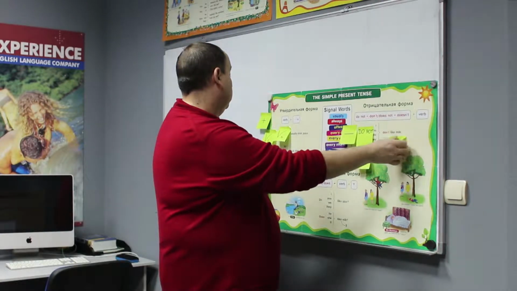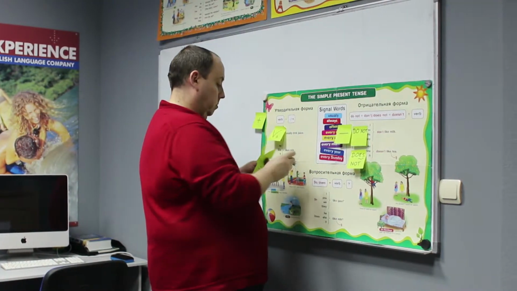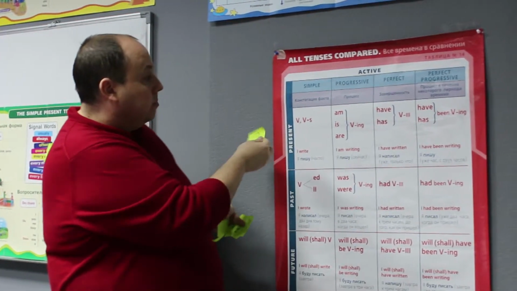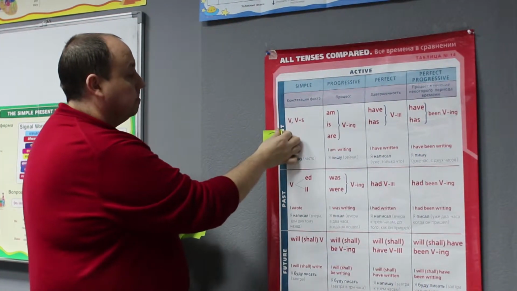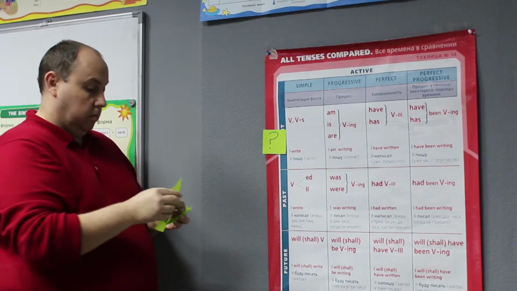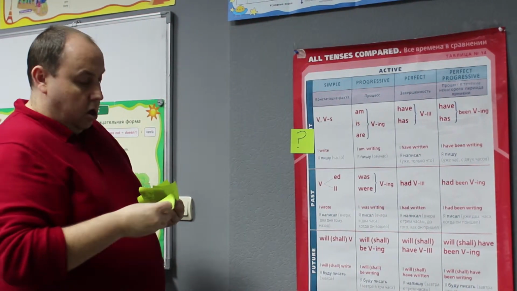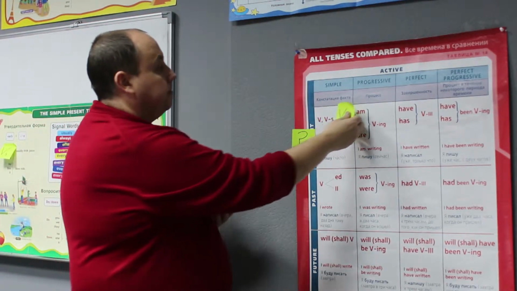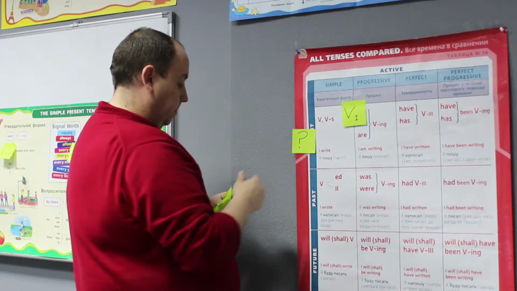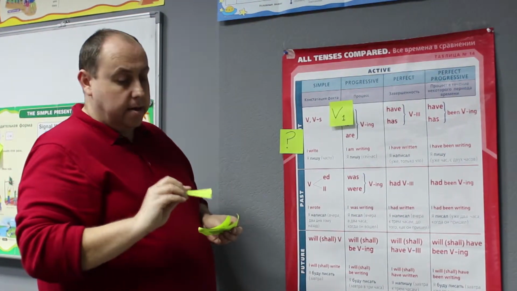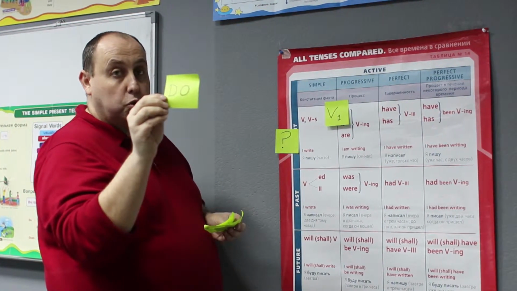Okay, let's take these, go back to our middle table. In the present simple, if we have a question, we have the verb in the first form. For I, you, we or they, we have the helping verb do.